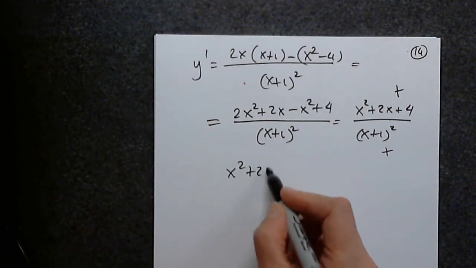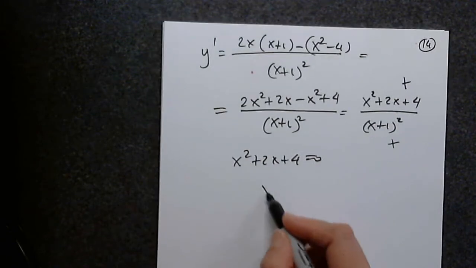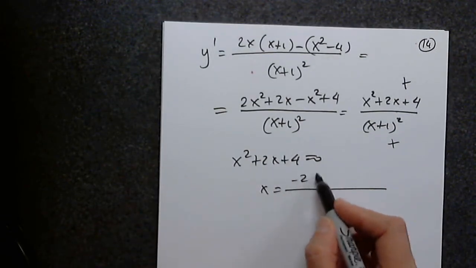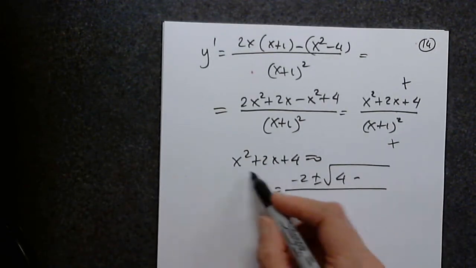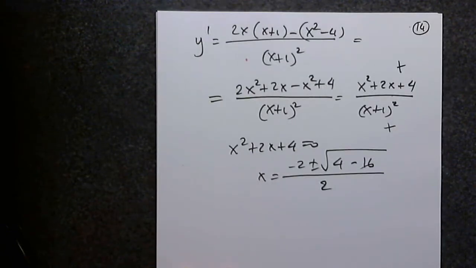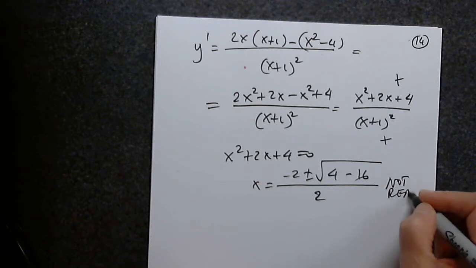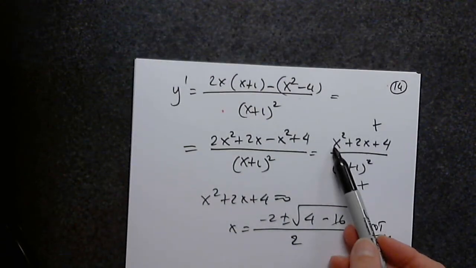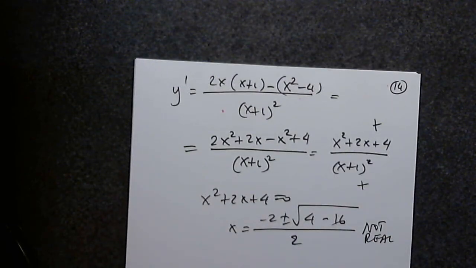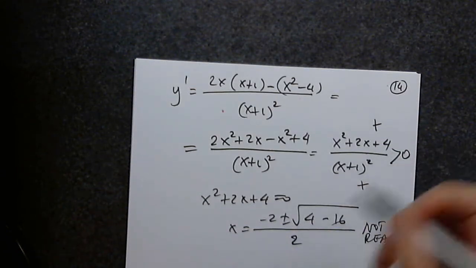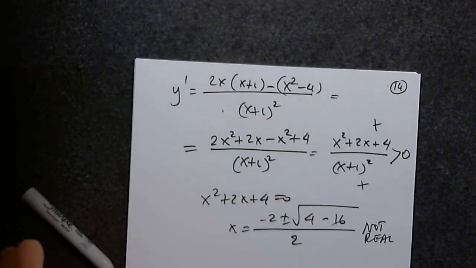So x squared plus 2x plus 4 equals 0. x equals negative b plus or minus the square root of b squared minus 4ac, divided by 2a. So these are not real. And since the leading coefficient is positive, it opens upward, and it will not touch the x-axis. So this is always positive. I like that, which means what?